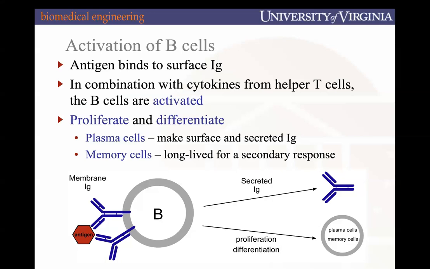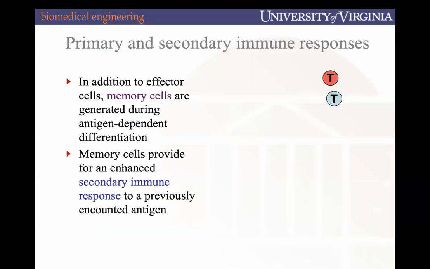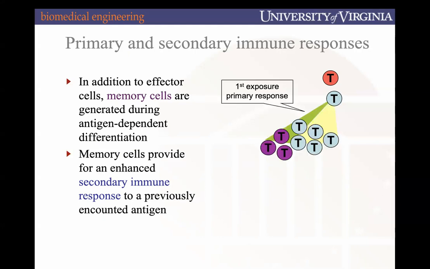And so what this looks like, the reason why this is so important that we have these memory cells, is because you can envision, if it's the very first antigen you're ever seeing after birth, you have one lymphocyte that has the antigen receptor for that cell. When that T cell sees its cognate antigen, it's going to proliferate and expand.